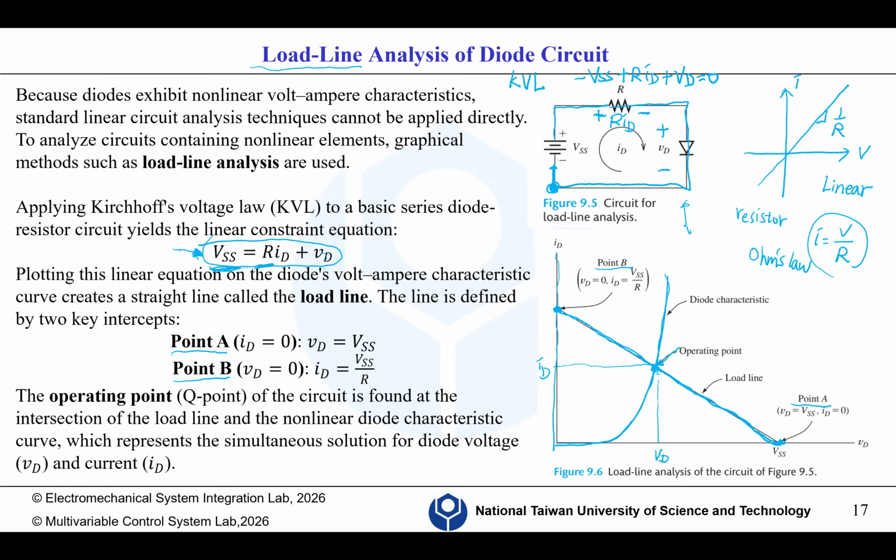The operating point is also called the Q point. The Q point of the circuit is found at the intersection of the load line and the nonlinear diode characteristic curve, which represents the simultaneous solution for diode voltage VD and current ID. This is one way to analyze the diode current and voltage in a circuit.